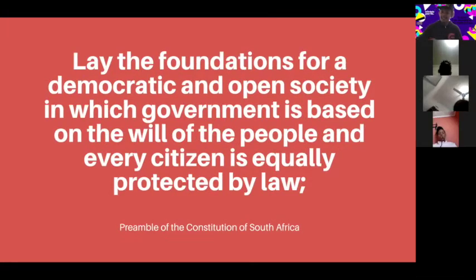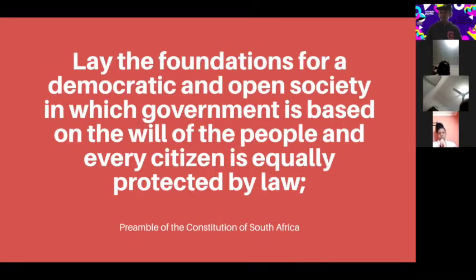Then the next thing it says it does, it wants to lay the foundations of a democratic and open society where the government is based on the will of the people and every citizen is equal. So what does that tell us? That tells us that the Constitution is only going to work if people participate.